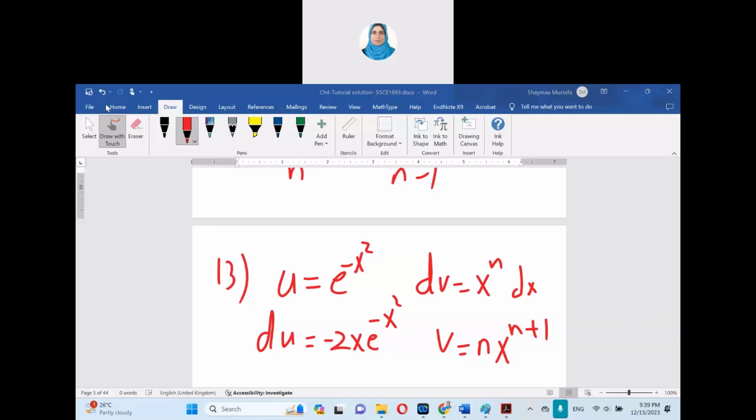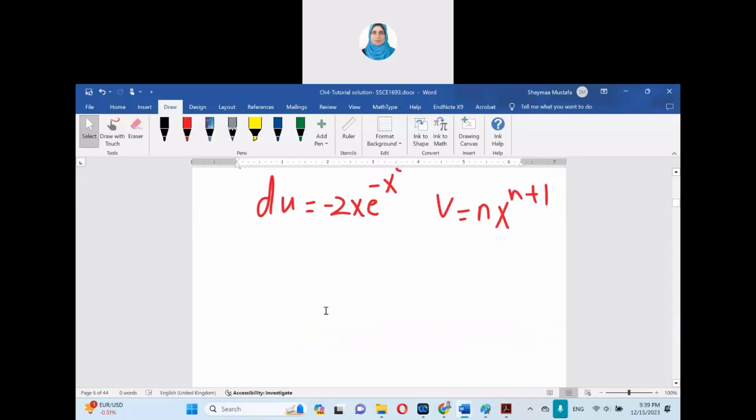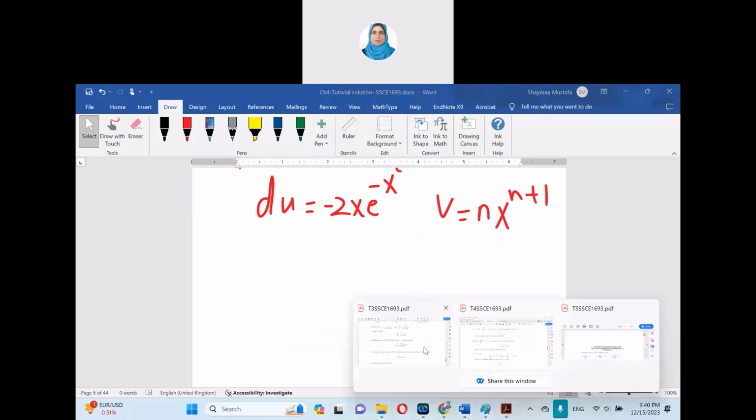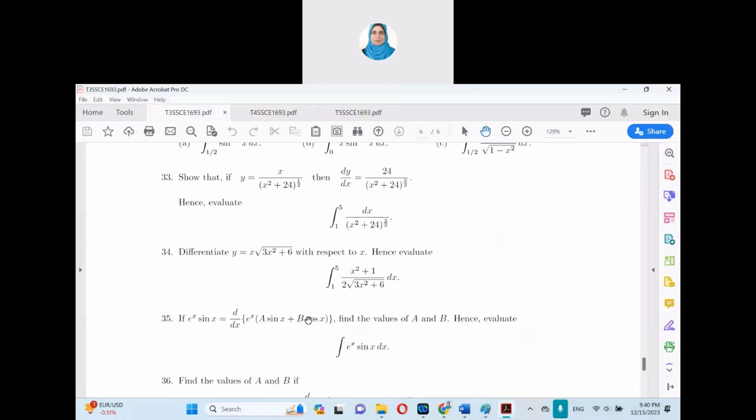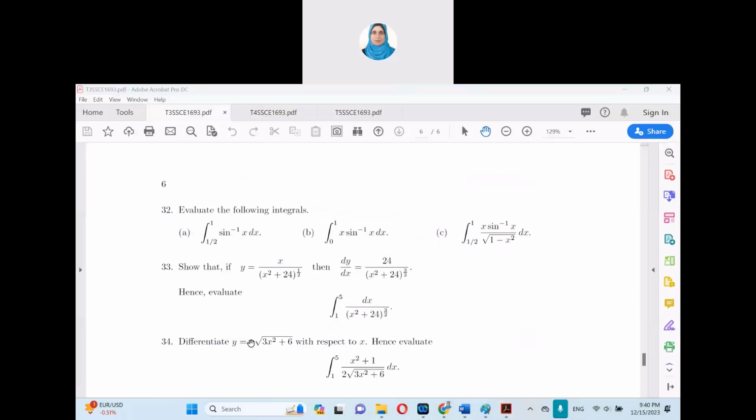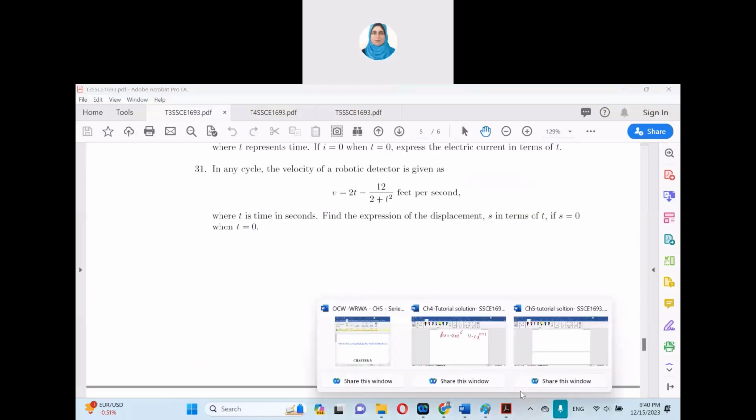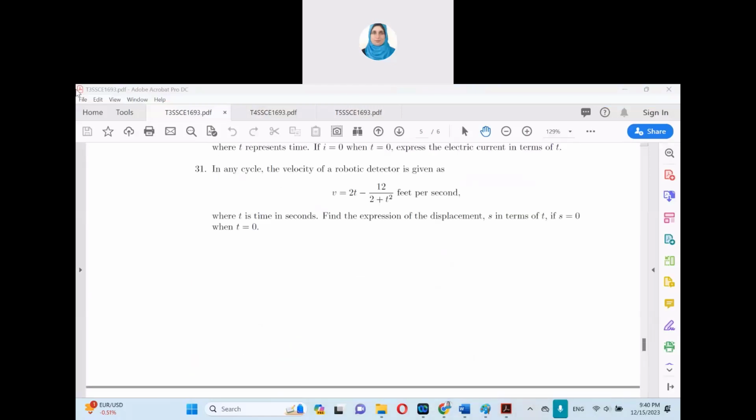And then you can continue. In the same way, the first part's limit should go to 0. But what I need to highlight here in question 13 is that they ask you after that to prove it is like that.